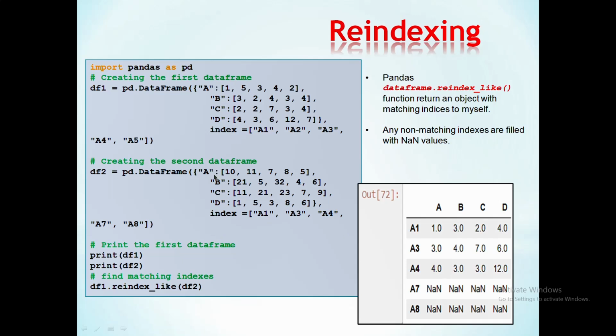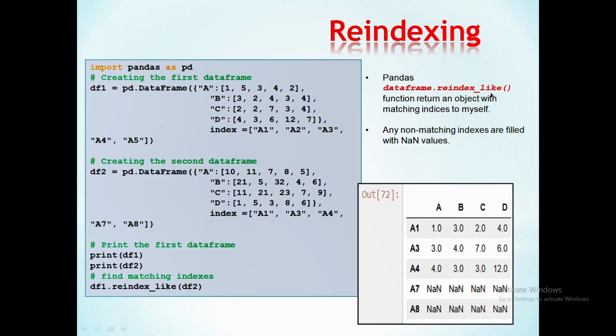So df2 will be there, but the df1 index A1, A2, A3, A4, A5 will be changed to A1, A3, A4, A7, A8. Previously A1 had the value 1, so the values will be there, then B will have 3, C will have 2, and D will have 4. So the values will be available, but the index will change. But we don't have the corresponding values for A5, A7 and A8, so it is showing NaN, not a number.